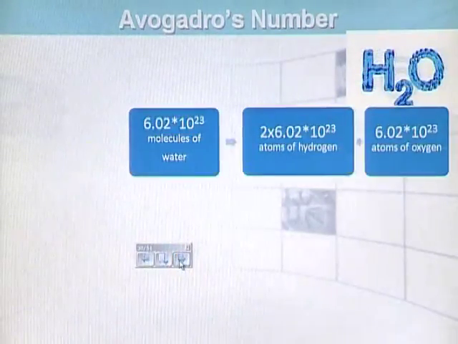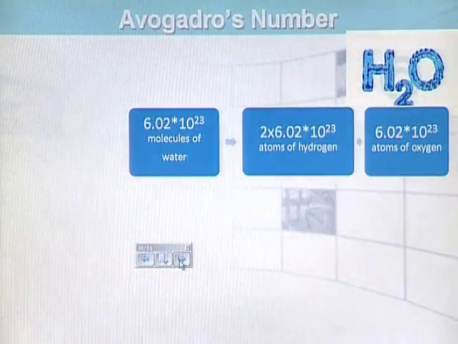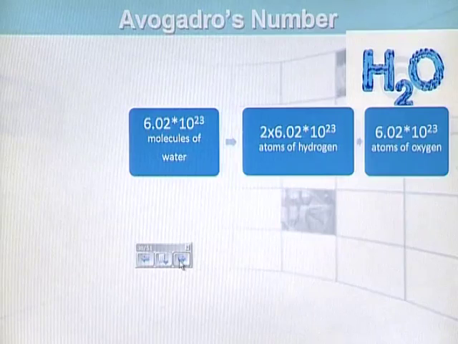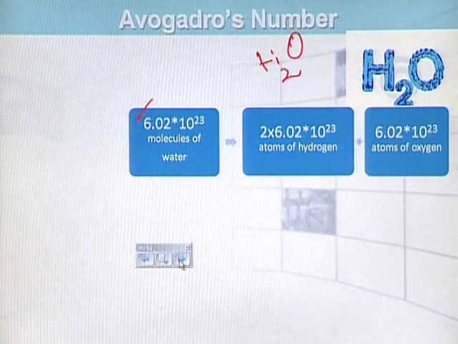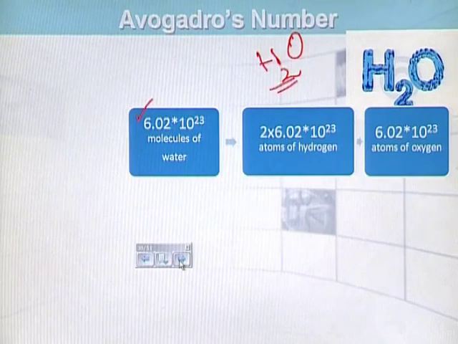यहाँ बात करते हैं water की. Let's suppose I have 1 mole of water. What Avogadro's number suggests? 1 mole of water contains how many molecules, which is 6.02 into 10 raised to power 23, Avogadro's number, at standard temperature and pressure, and so as how many atoms, constituent atoms की बात करें तो जैसा कि formula में है H2O, so 2 atoms or 2 moles of hydrogen and 1 mole of oxygen.